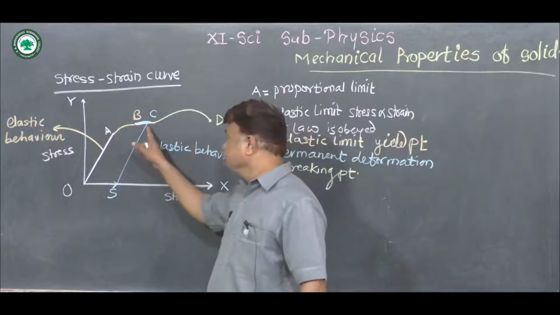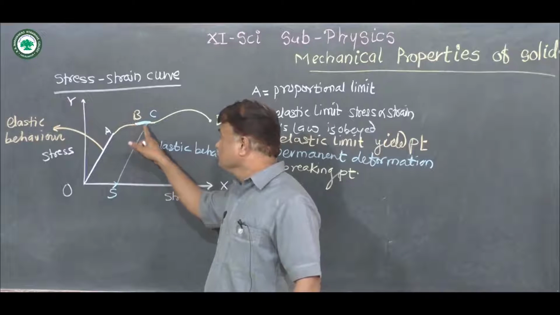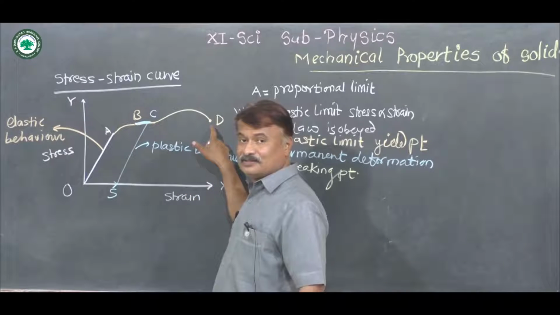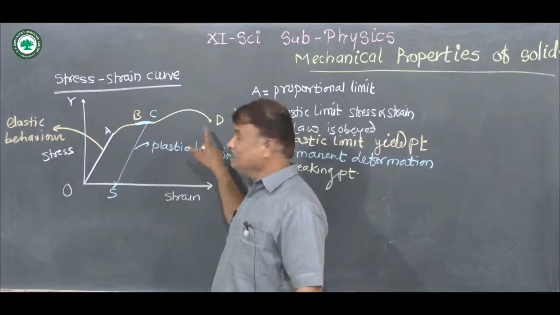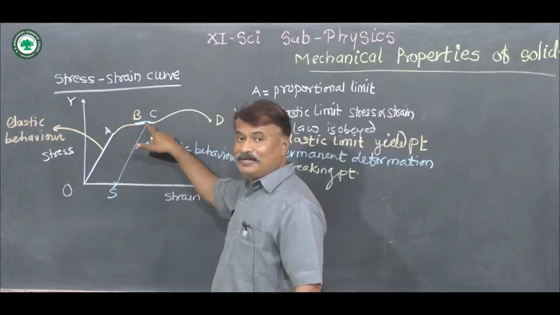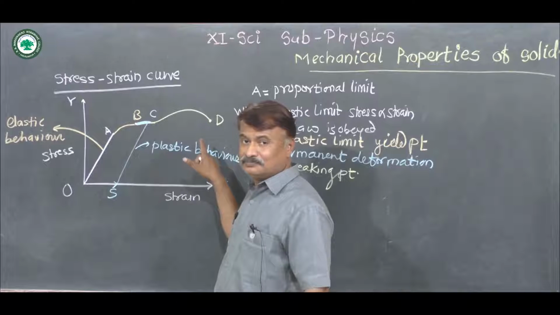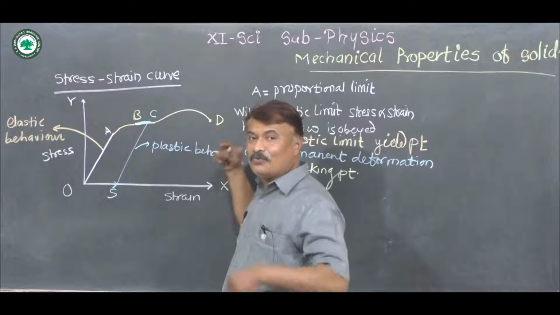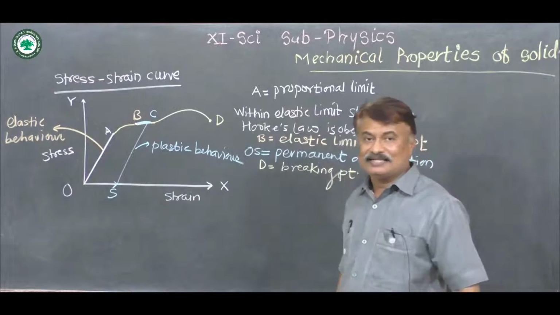Now see here, from the point B, C, D, this is the plastic region. In this case, wire becomes plastic, and that flow is called as plastic flow. And finally at point D, wire breaks, and that's why this point is called as breaking point or fracture point.